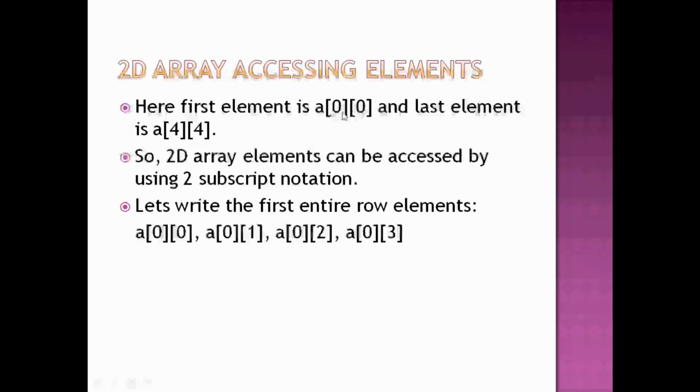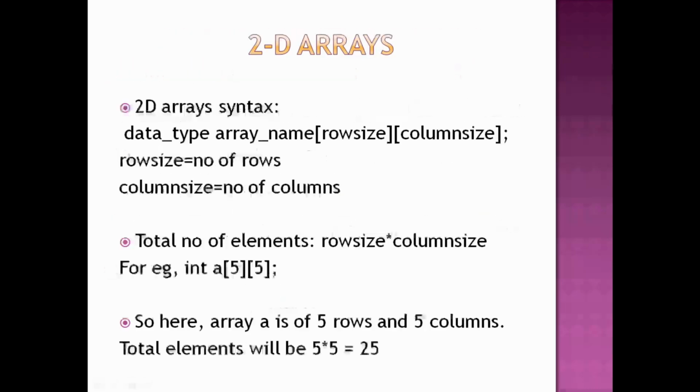For example, if I want to access the first element, I'll write a[0][0]. The last element will be a[4][4], if the array is our previous one, a[5][5]. Always remember, if the size is 5, then the index will move from 0 to 4. The column size also goes from 0 to 4.